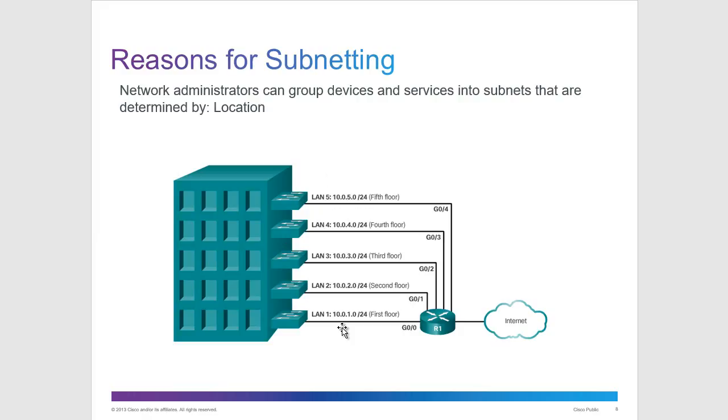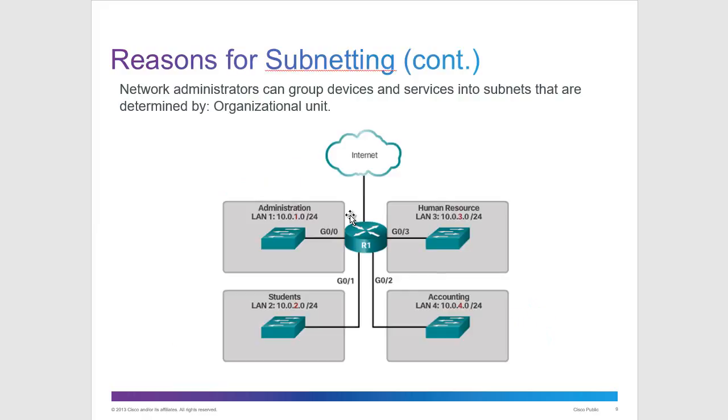Remember, each interface on your router is going to be considered a broadcast domain, or a network. So you've got 1, 2, 3, 4, 5 different networks here in this example. Again, you could subnet out for different services, different groups.